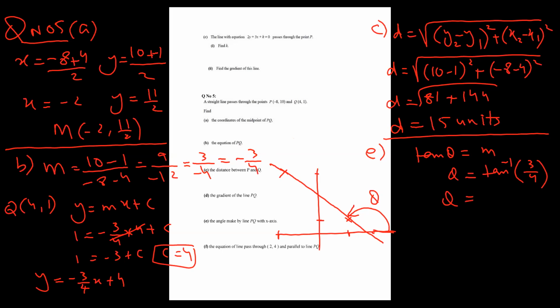So the answer is tan inverse of 3 by 4. It is giving us 40.9, so 41 degrees. But is 41 degrees possible? How is it possible? It is a huge angle. So actually I got this one, 41, but I don't need this one. I need this one.